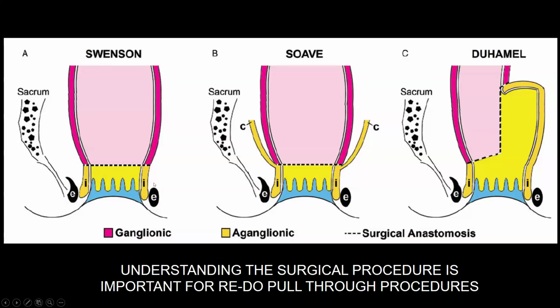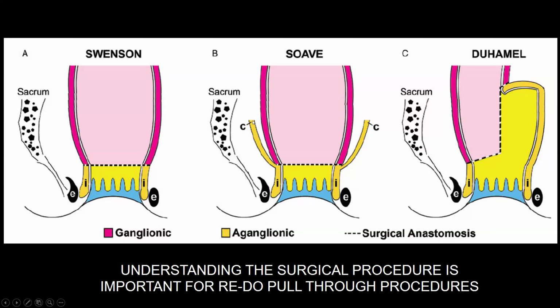I just put this up here because I think it's really important for us to understand the surgical procedures that occur. So there's the Swenson procedure, wherein all of the aganglionic bowel is removed, and essentially this pink part is the ganglionic new bowel brought down to the level of the anorectal transition zone above the internal and external sphincters.